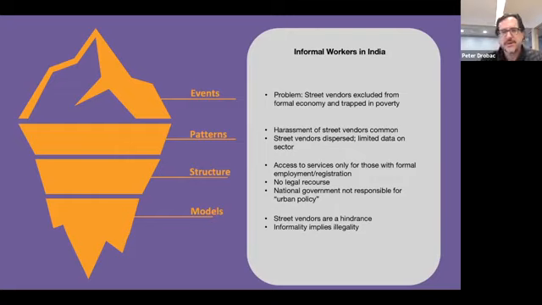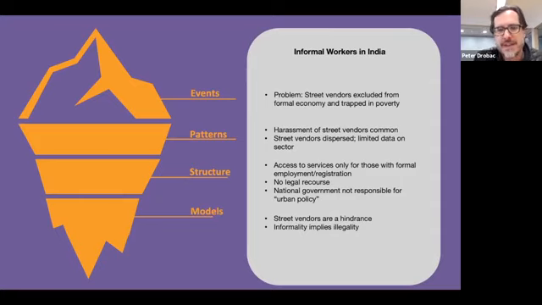Some of the deeper mental models that we uncovered in that discussion was a commonly accepted view that street workers are kind of a hindrance, that they're maybe even a little bit less than human. There were certainly class issues as well, that they're an eyesore. It's ugly to have informal street vendors everywhere, not recognizing the benefits that they bring to people.